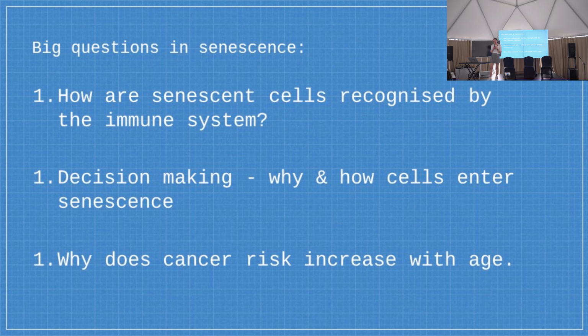Then, where my project probably fits in, is the decision making. Why does a cell enter senescence in the first place? Understanding the underpinning molecular mechanisms that drive a cell into senescence rather than apoptosis, a form of cell death. And then a more general question is, why does cancer risk increase with age, and do senescent cells play a role in that process?